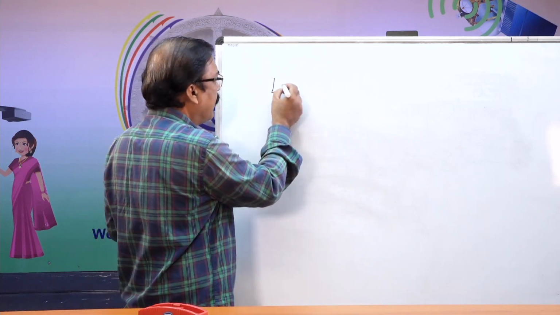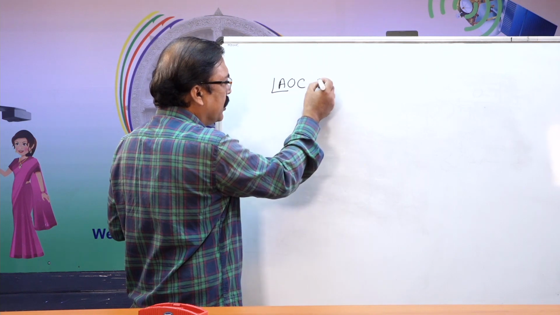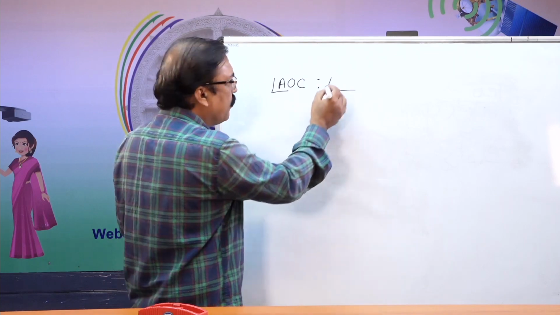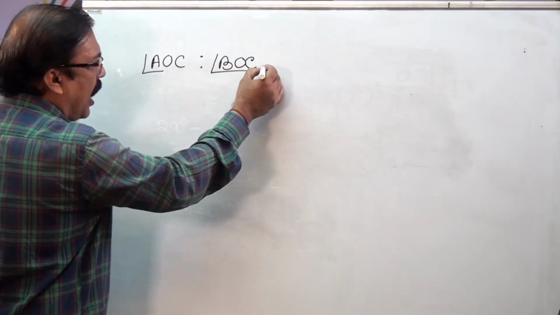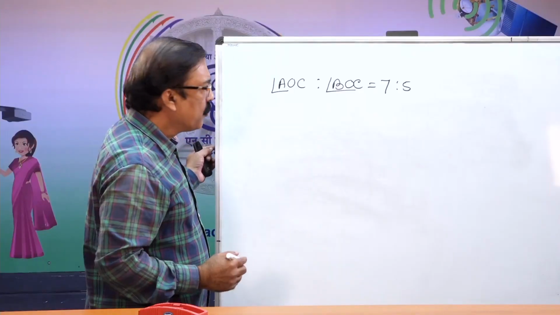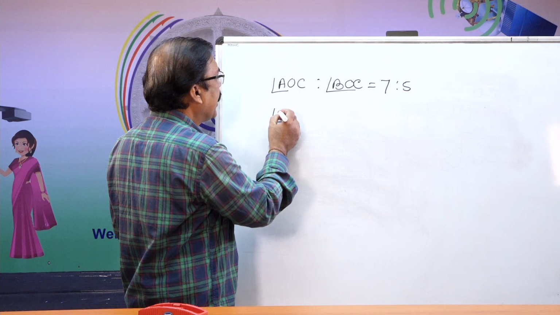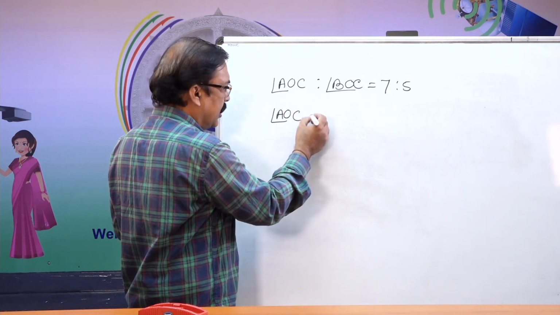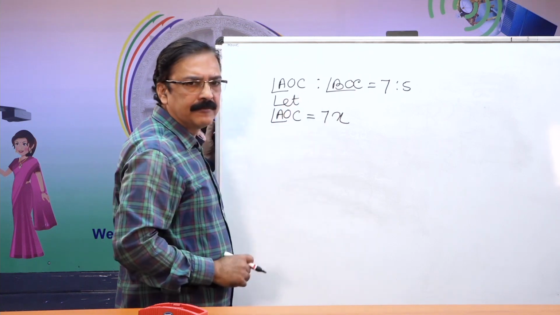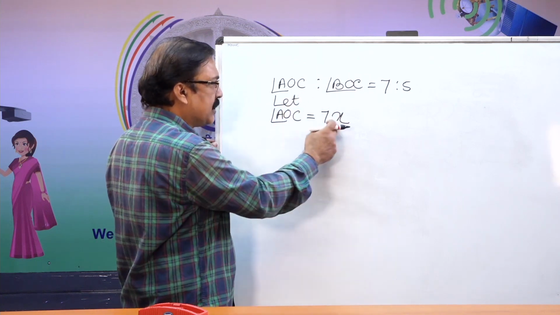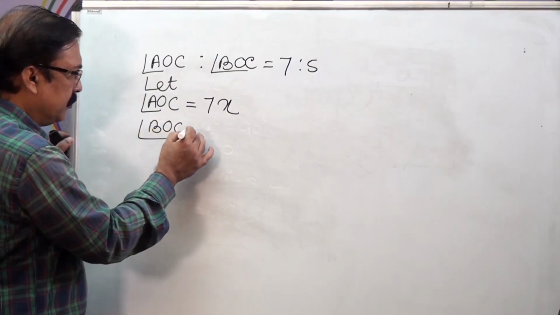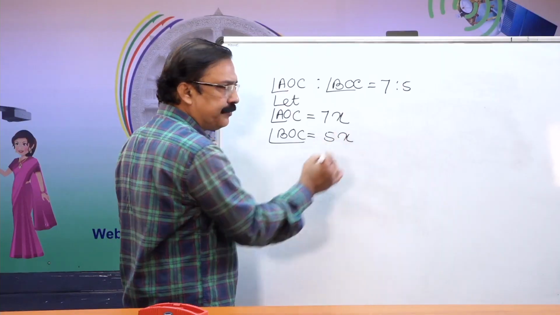The measures of angle AOC and angle BOC are in the ratio 7:5. Let angle AOC be 7x and angle BOC be 5x.